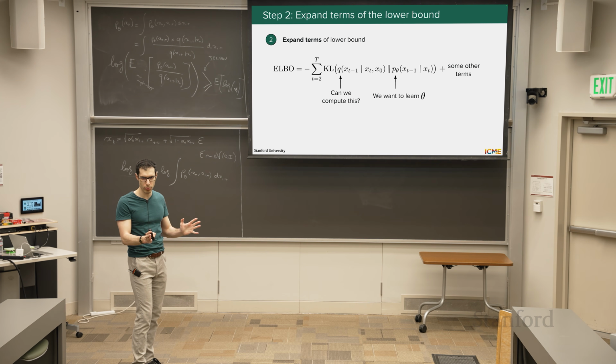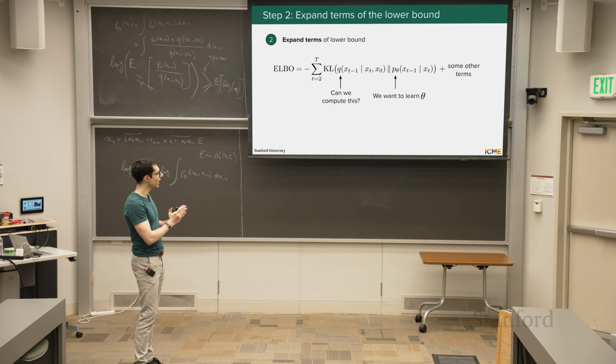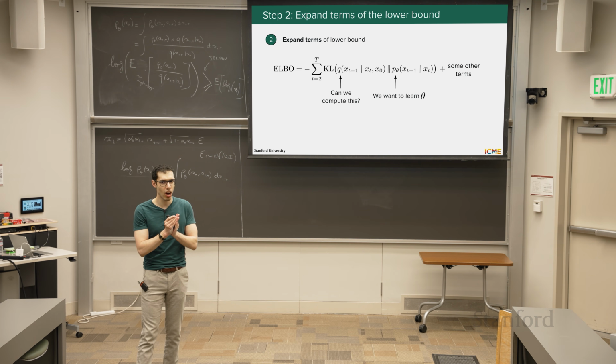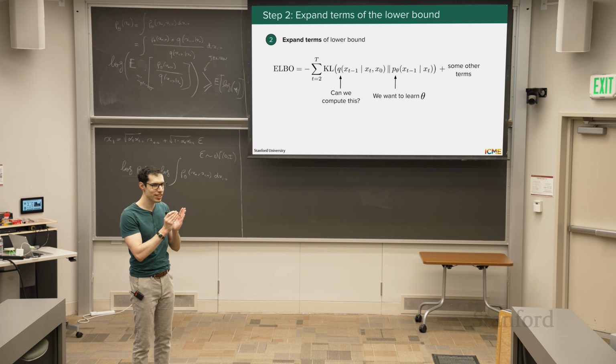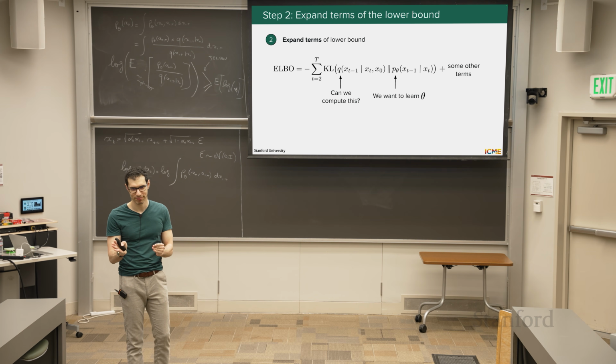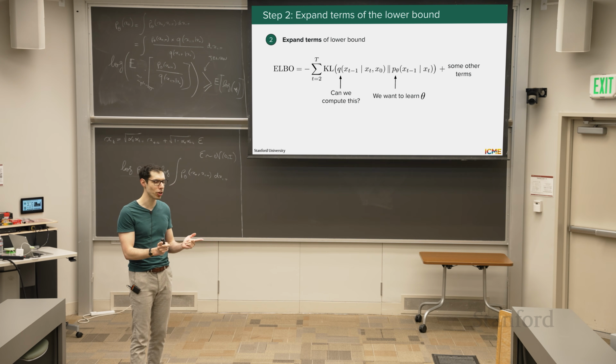So that's the first distribution. And the second distribution is the probability of having the less noisy image xt minus 1 given xt, which is the thing that we want to learn.